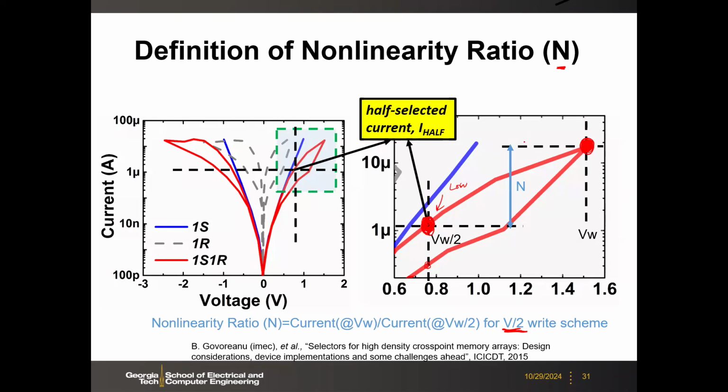So those two currents, basically current at V write over current at half V write. That is the ratio, and this is for the low resistance states.